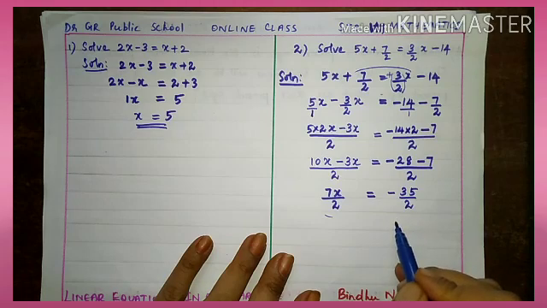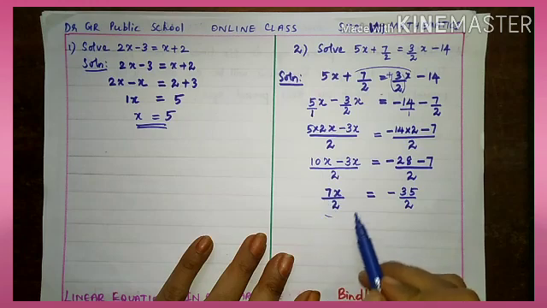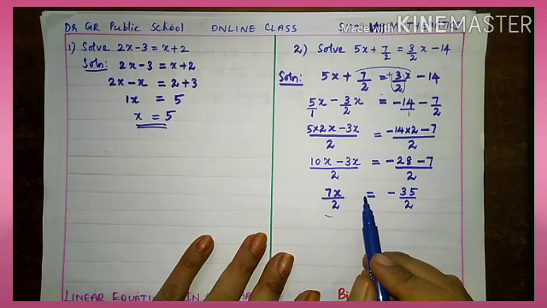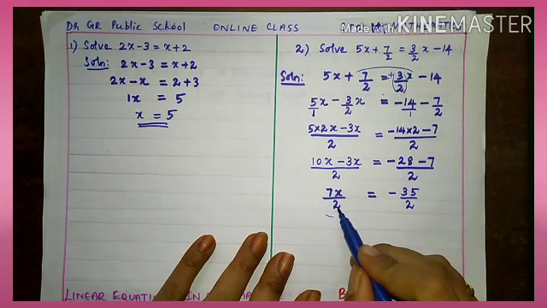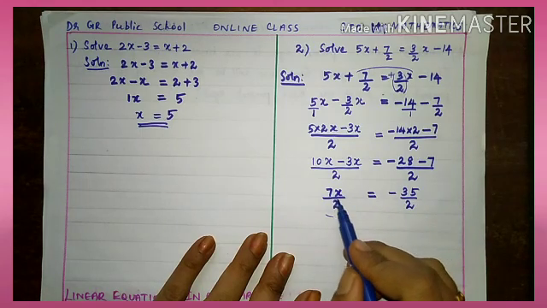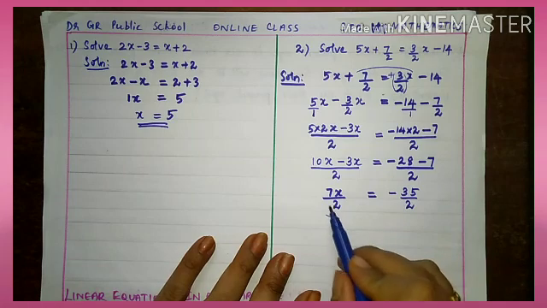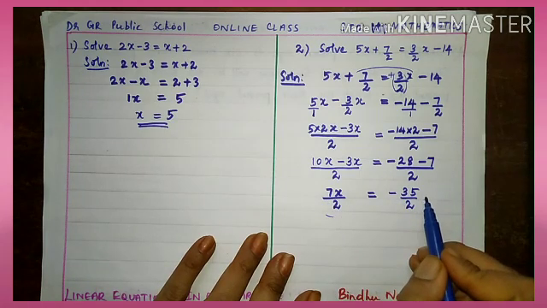Now, what will you do here? Again you see 7x by 2, we want to find the value of x. So what are we doing? We want to transpose this 2 onto the right side, correct? We only want the x term. So 2, when transposed to the right side, what does it become? It becomes multiplication, because here it is division by 2, when transposed it becomes multiplication.